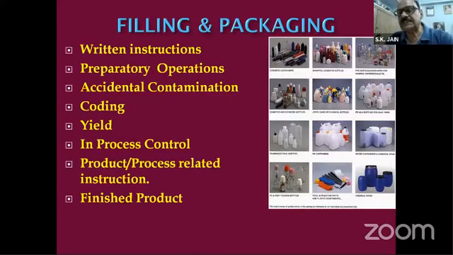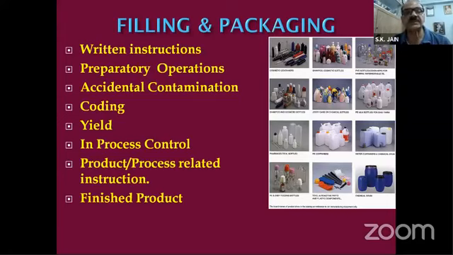Then the filling and packaging area. After manufacturing, the material will be shifted from the manufacturing area to the filling and packaging area. There are written instruction SOPs for filling and packaging of a particular product.